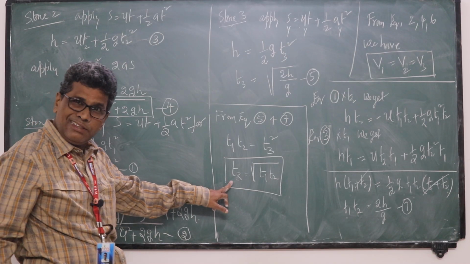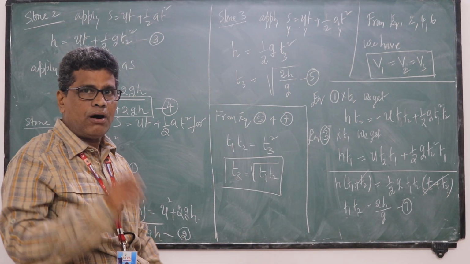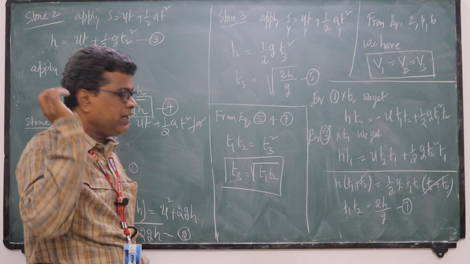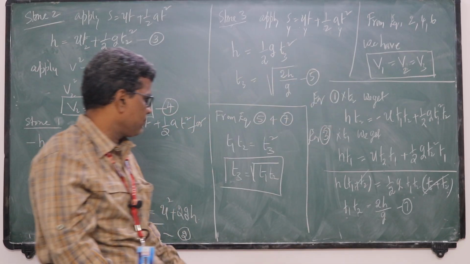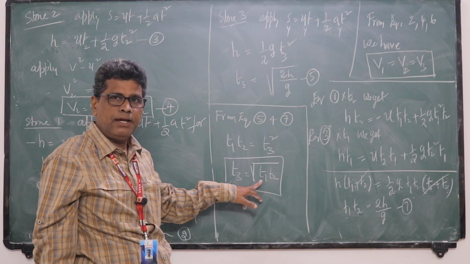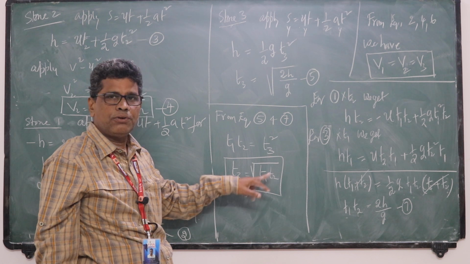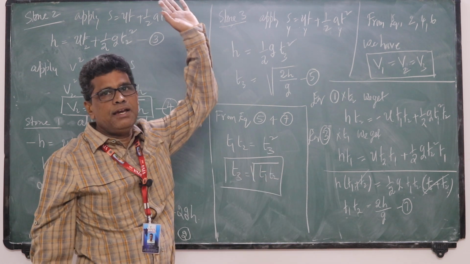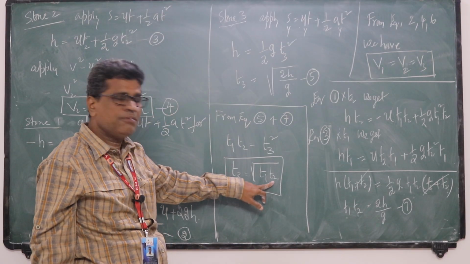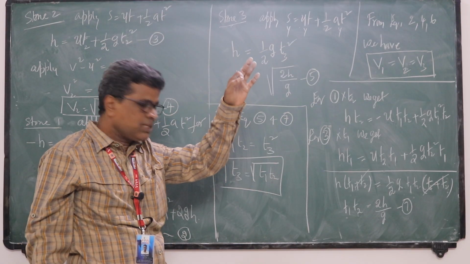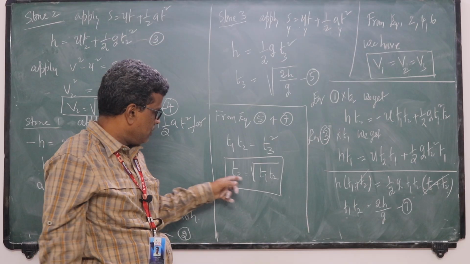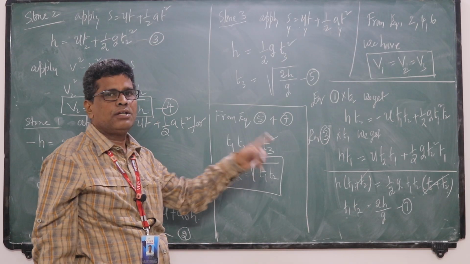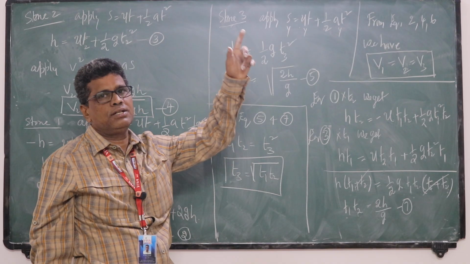So here T3 is the time taken by the object to reach the ground if it is projected horizontally. What is T1? Time taken by the object to reach ground if the object is projected vertically up. That is the first object. Second object is projected vertically down. Then this T3 is the time taken by the stone, the third object, which is projected horizontally.